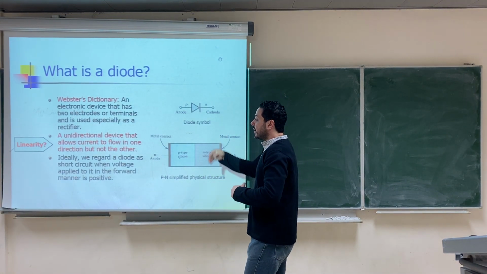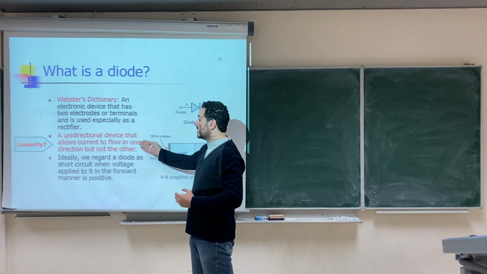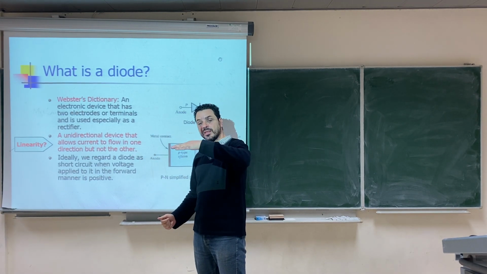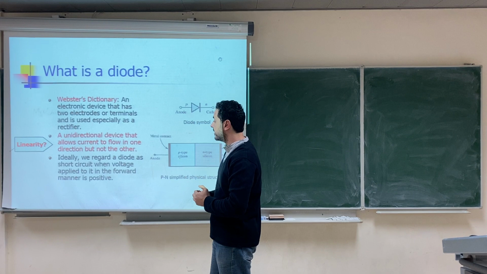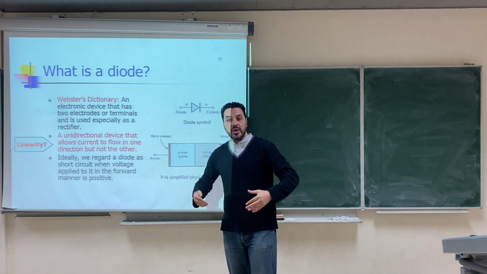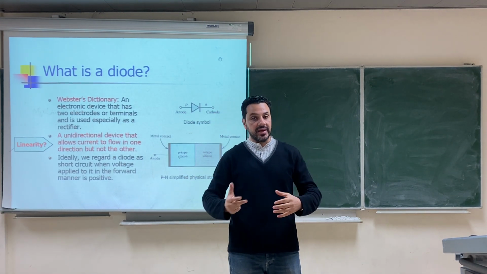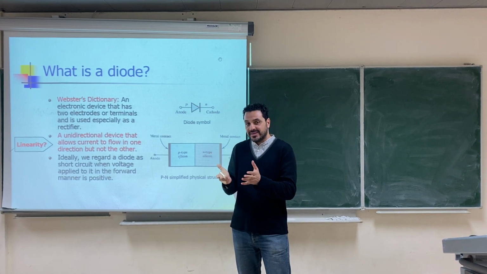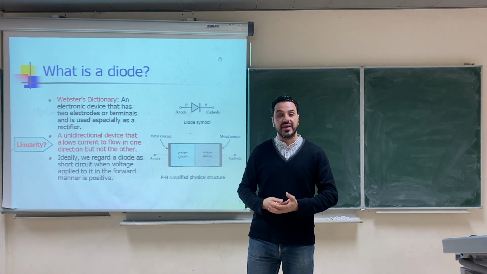Okay? Or another definition, a unidirectional device that allows the current to flow in one direction but not in the other direction. Ideally, when we talk about the ideal diode, ideal means the perfect diode that unfortunately doesn't exist in reality.